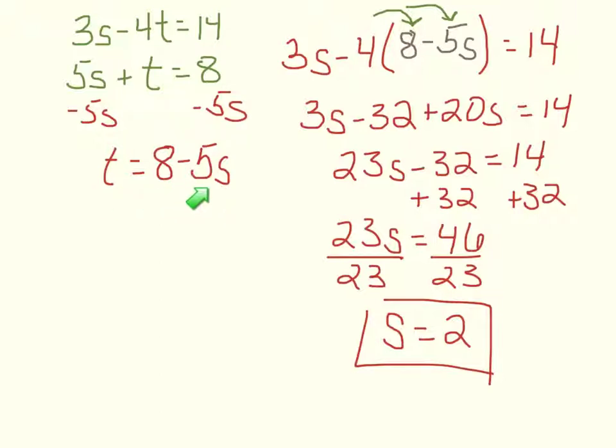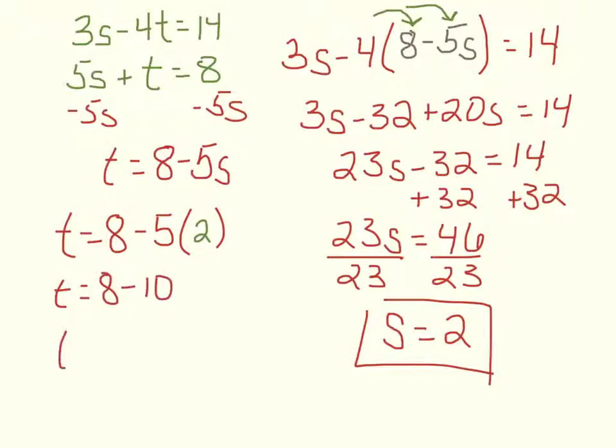All we have to do is plug in 2 right here for s, and then we're going to get our value for t. So t equals 8 minus 5 times 2. So t equals 8 minus 10, and t equals a negative 2.